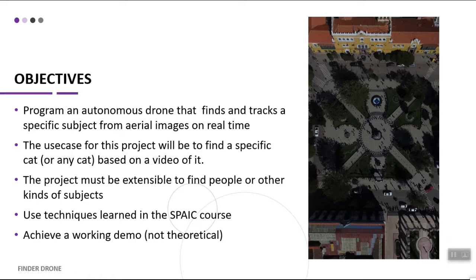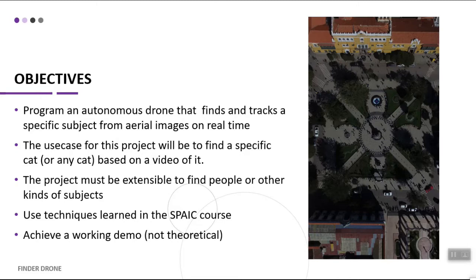Then the project must be extensible to find people or other kinds of subjects. So yes, this core idea has to be extensible. If we change the detector to a different model, it should be easy to change it to a person finder model, and it should work.